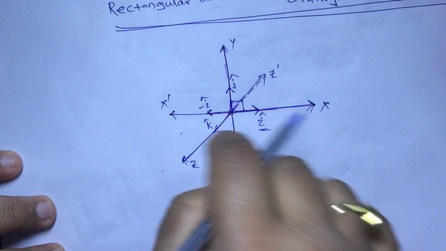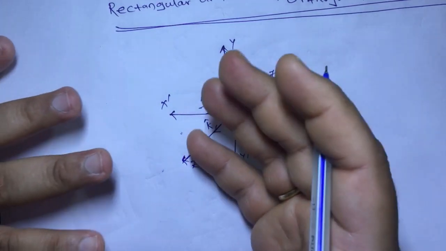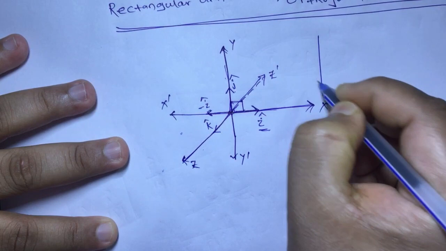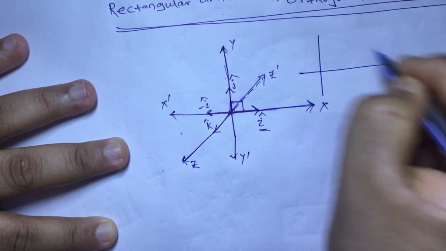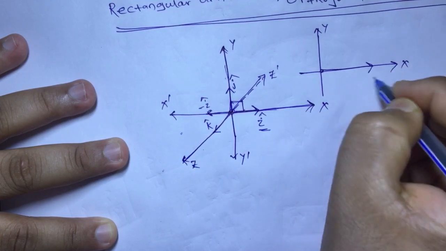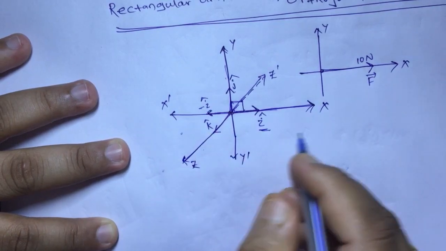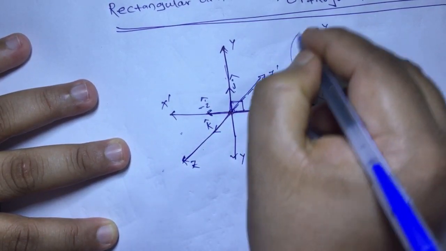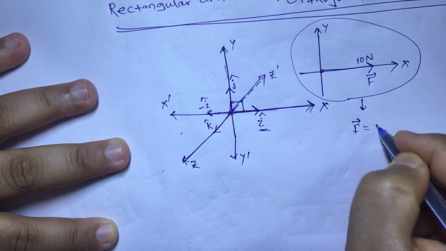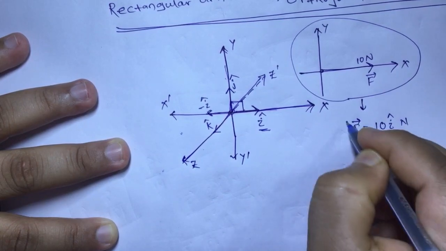Now what happens if we define these terms? Some of the previous aim is fulfilled. How? Now if you have a force vector, if this is the x axis, this is the y axis, and I have a force along this direction, let it be F vector having a magnitude of 10 Newton, then I can write, even without this diagram, F vector equal to 10 I cap Newton.